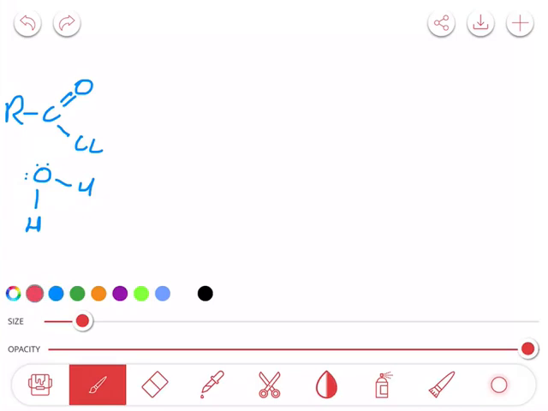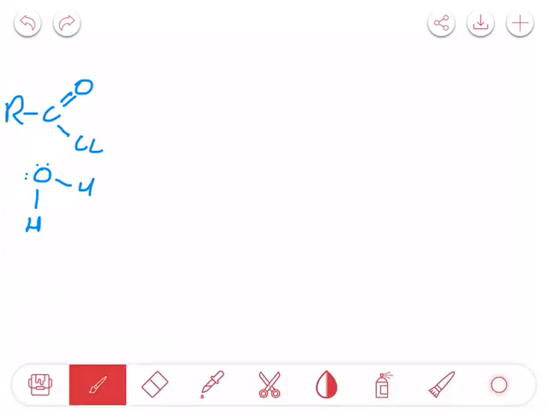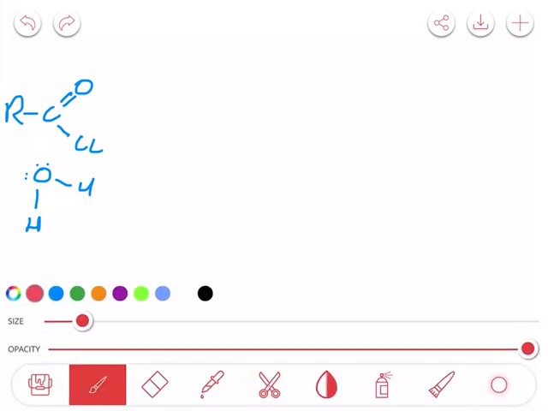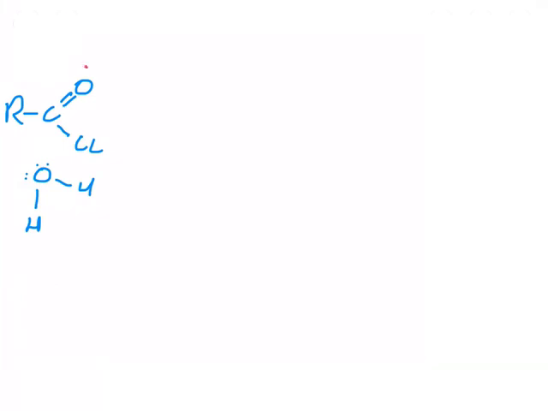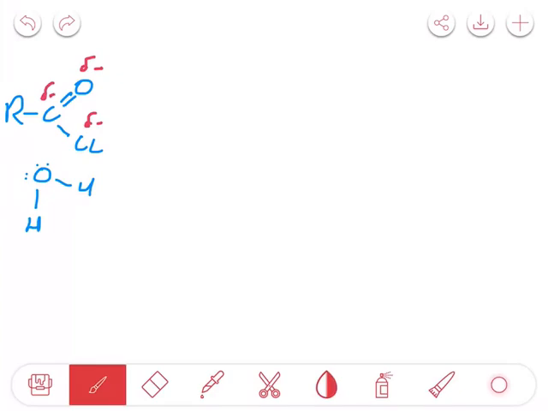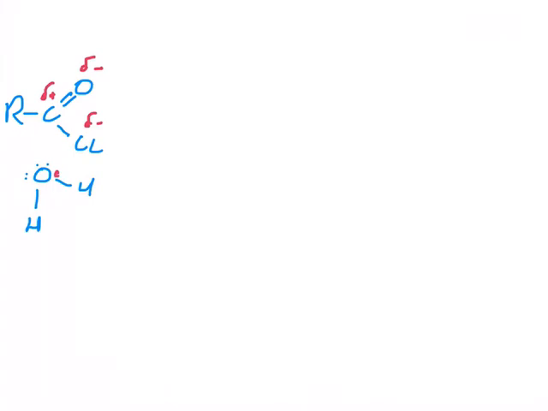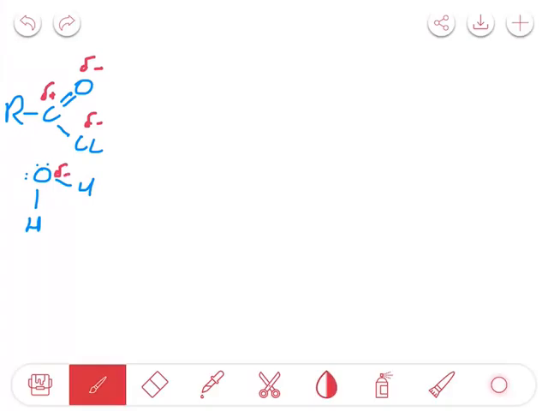Obviously the key thing to have a look at what is going on is to put your dipoles on. So we have a δ minus there, δ minus here, and a δ plus carbon. And remember, the oxygen on here is δ minus, and the hydrogens are going to be δ plus.